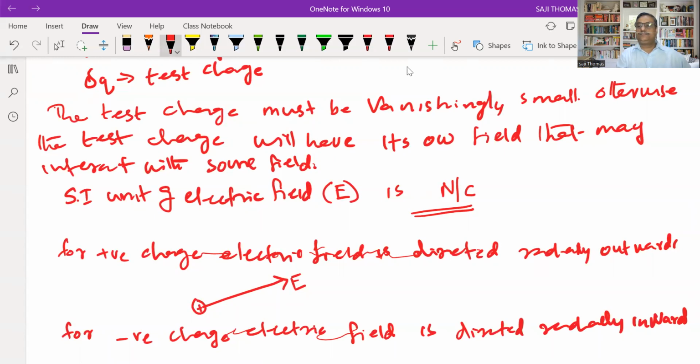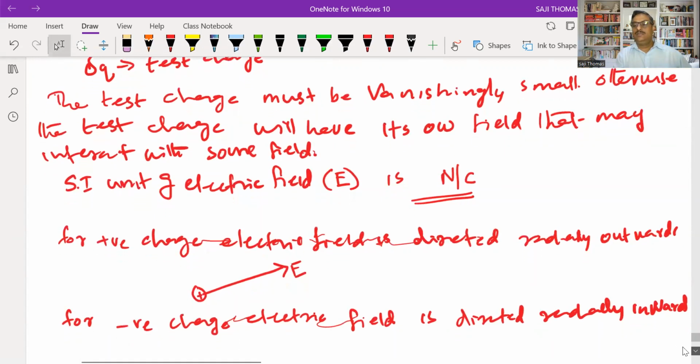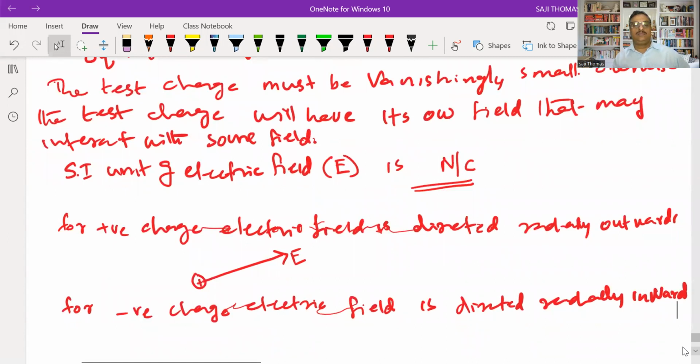Towards the charge. Negative charge, electric field is like this, towards it.